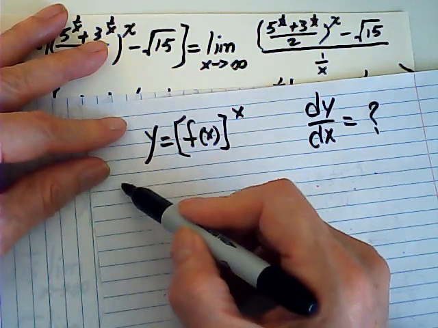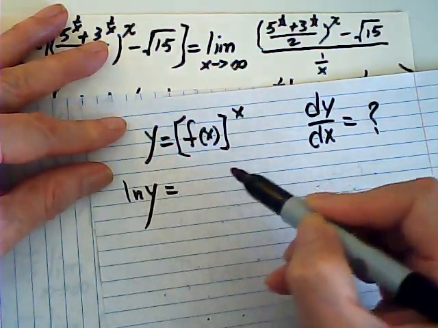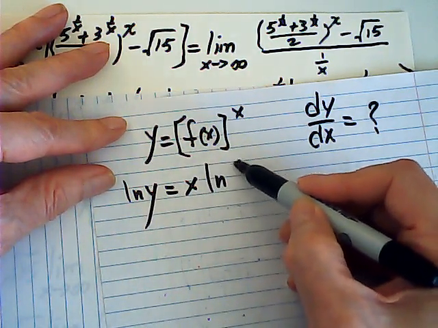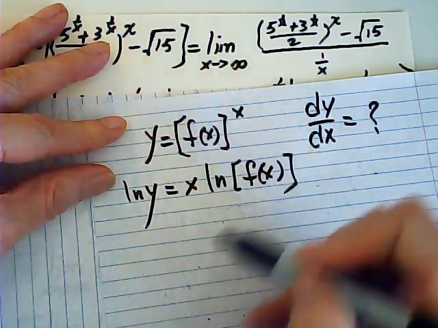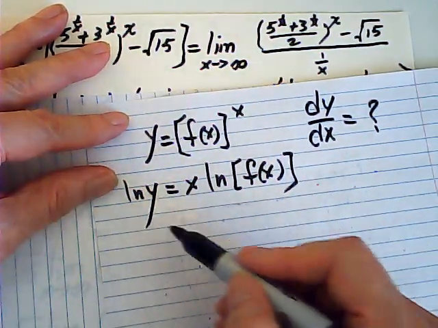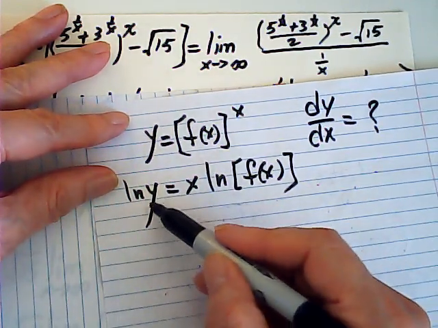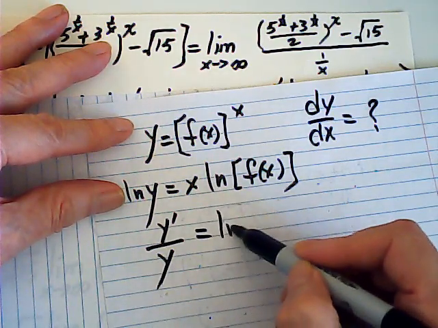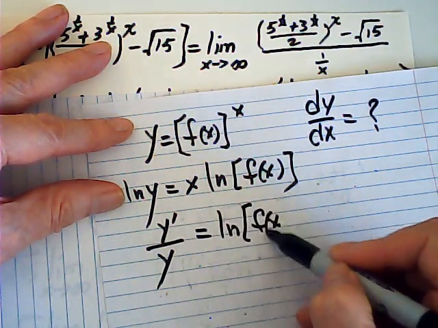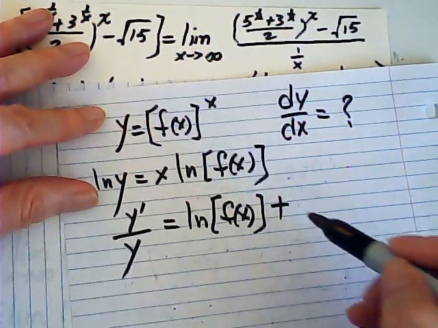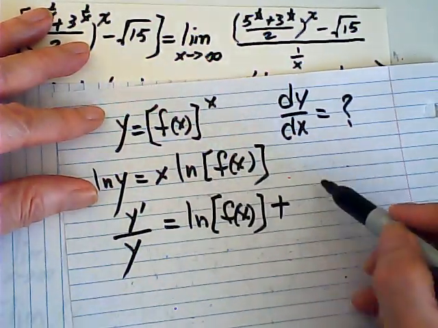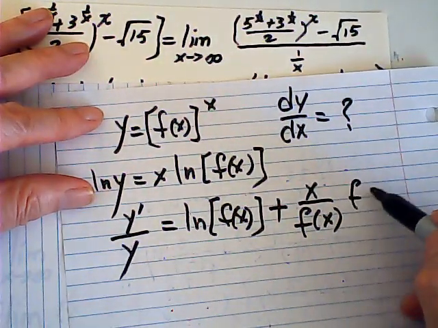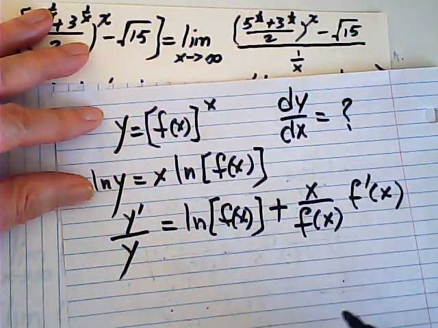Now, we take log of both sides, right? This is x times log f of x. Then we take the derivative of both sides. This is y derivative over y, equal to log f of x plus x times this derivative, f prime of x over f of x.